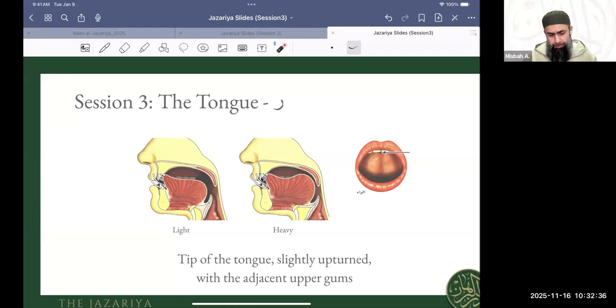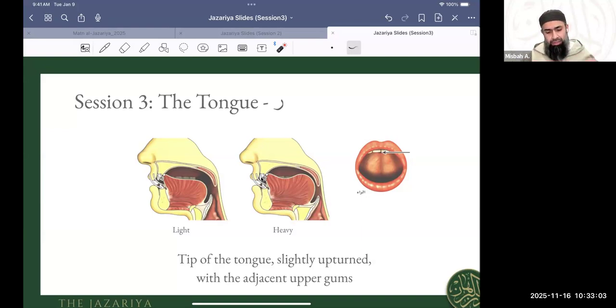So I wrote: tip of the tongue slightly upturned with the adjacent upper gums. Slightly upturned, so the back of it, a little bit of the under portion, when it lifts up, touches as well.